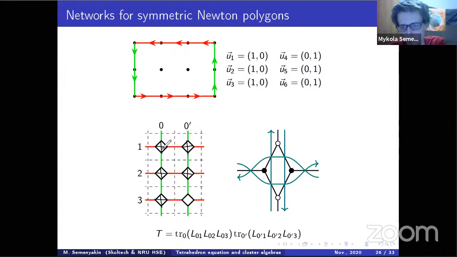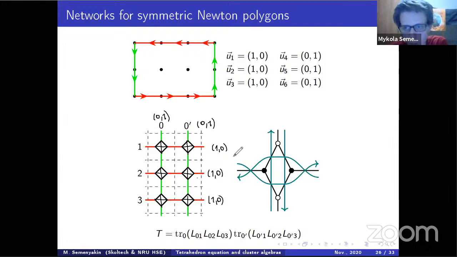Each path has some class in the homology of the torus. Here the class in homology, for example, of this red path is 1, 0, and this is 1, 0, and this is 1, 0. And of this green one it is 0, 1, and of this one also 0, 1.